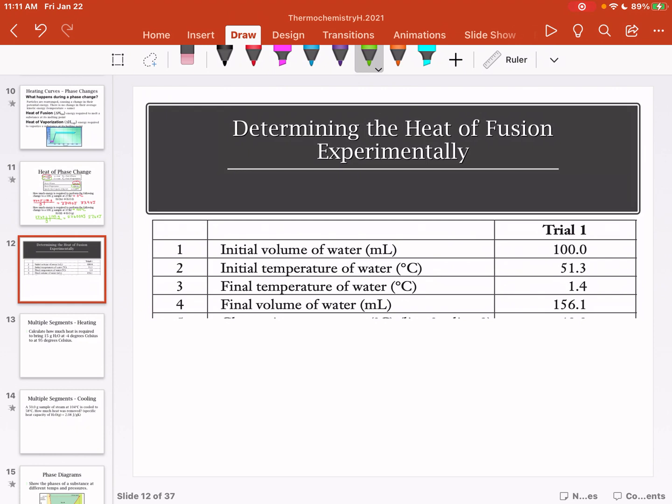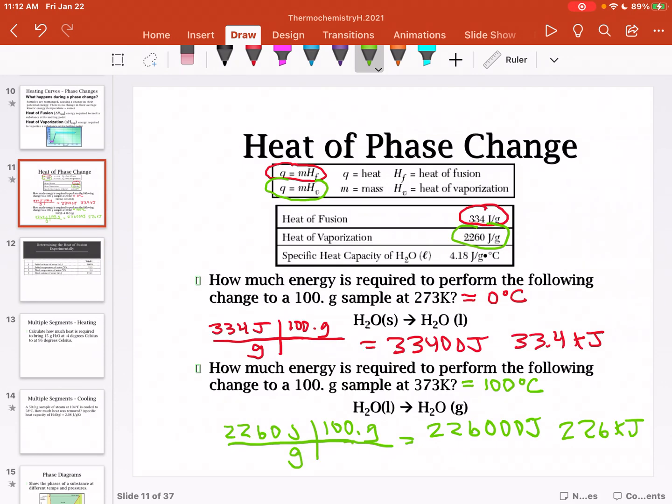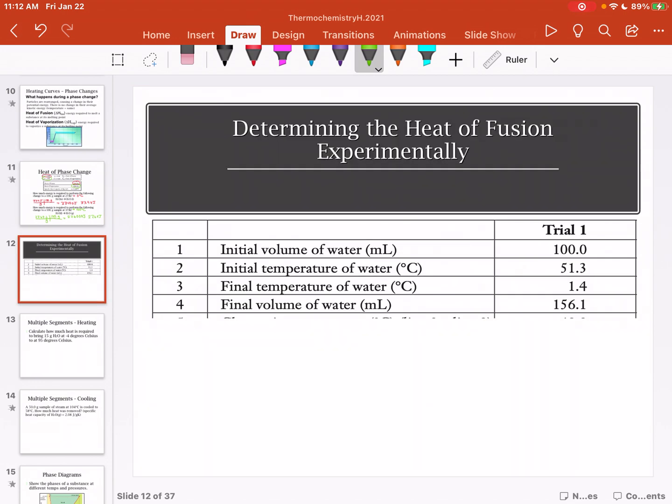For water, if I have 100 milliliters of water, I have 100 grams of water. And at the end, if I have 156.1 milliliters of water, I have 156.1 grams of water. So what I'm looking to calculate, if you remember heat of fusion from our previous reference table, the units are joules per gram. So let's take a look at how that might come into play.